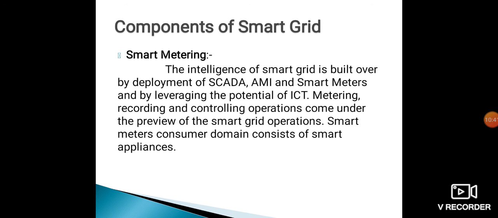Metering, recording and controlling operations come under the purview of smart grid operations. The smart meter consumer domain consists of smart appliances. So all this information was about the components of a smart grid.